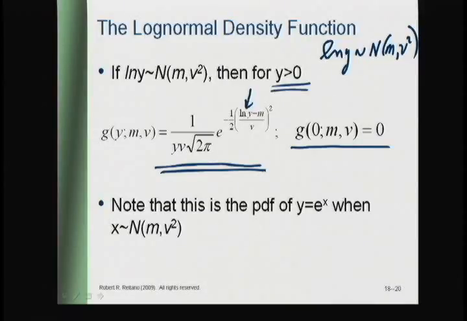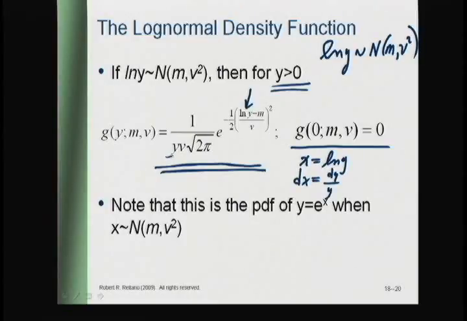Now, in order to have this be a function whose integral is equal to 1, think about what would happen if you made a substitution into the integral of this function. You would say, let x be equal to the log of y. And then dx would be equal to what? dy over y.